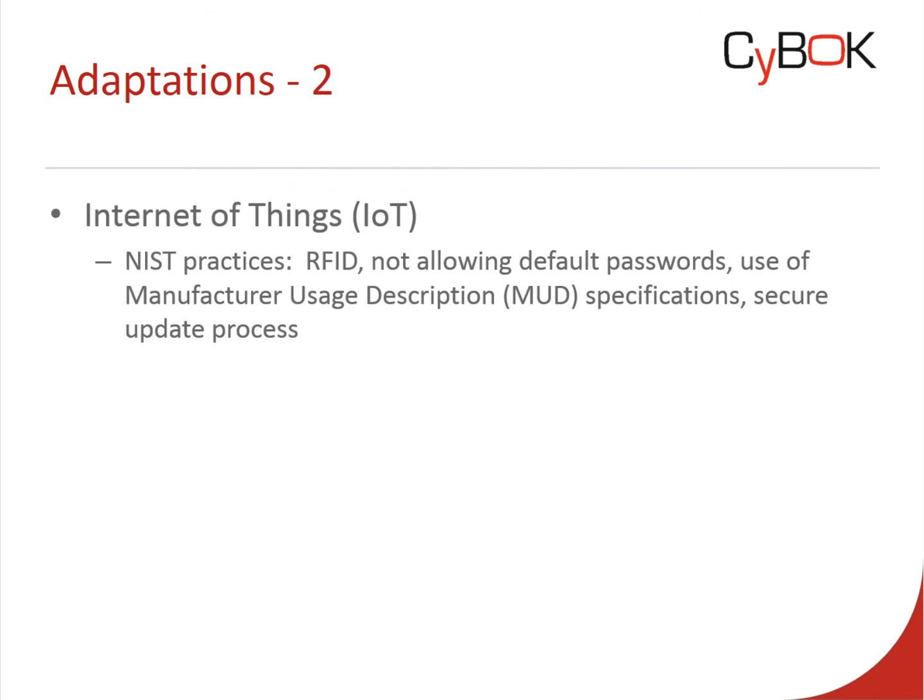There was a big denial of service when the default passwords of video cameras were compromised in the Mirai threat, so not allowing that in development, using manufacturer usage descriptions or MUD descriptions to specify authorized and expected traffic patterns, having a secure update process so that if one of the devices does get compromised, there's a way to update it. Sometimes the devices can be so small that there's no way to update it, and that's a problem.